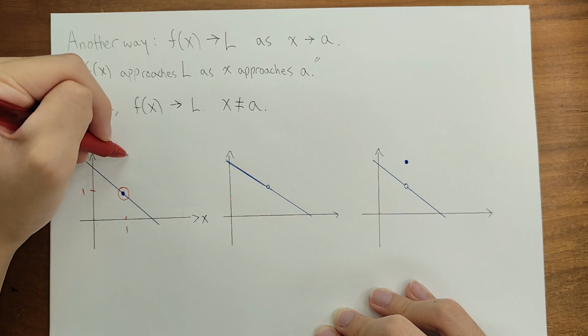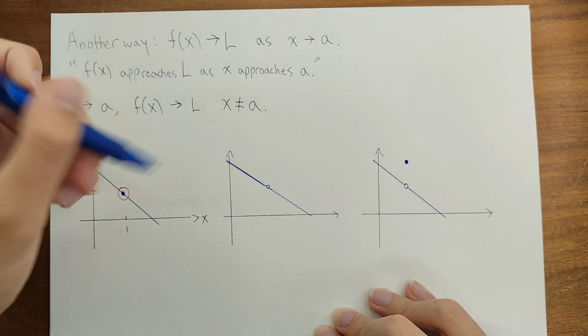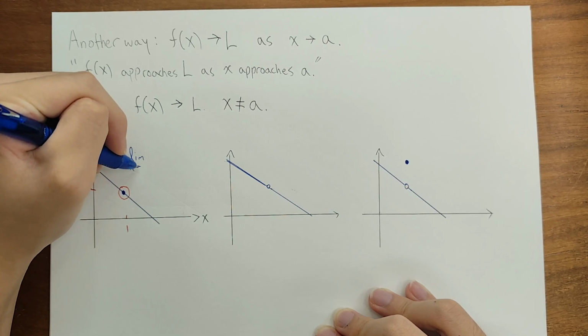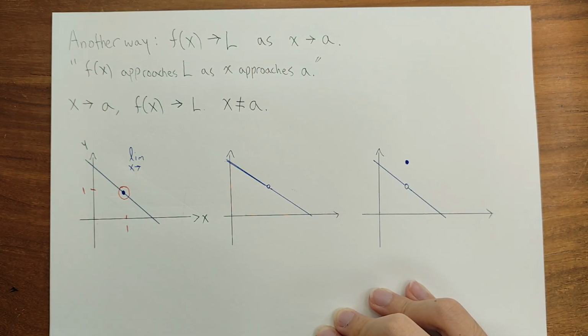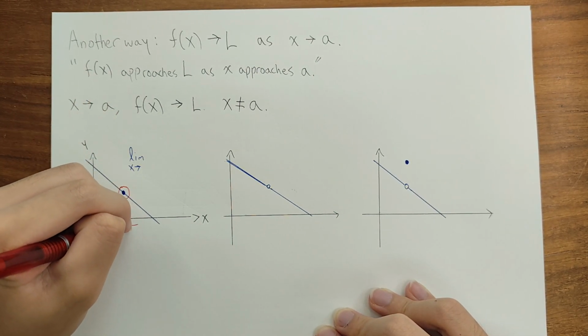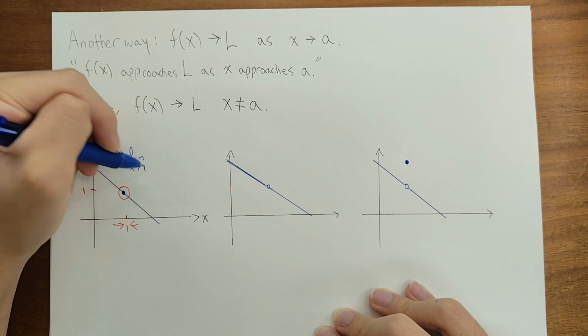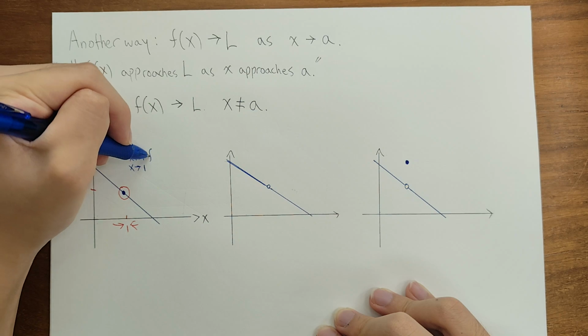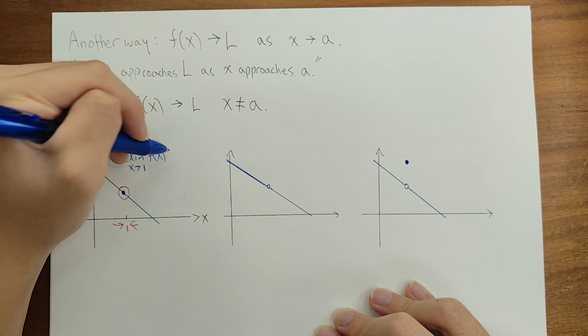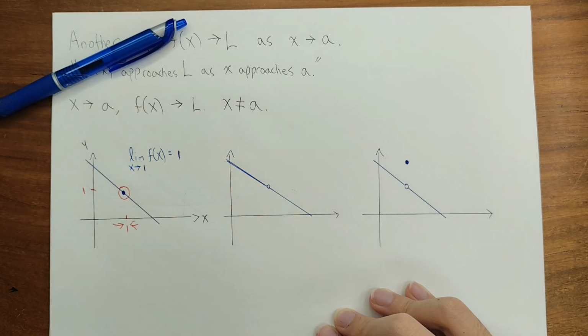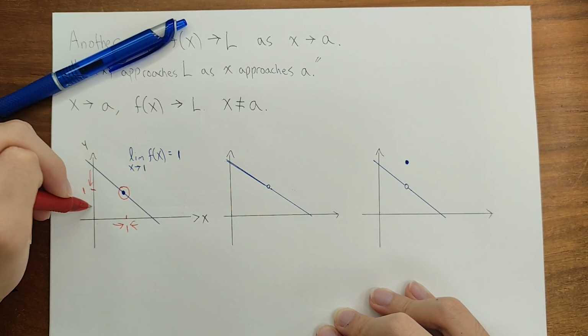So we can write the limit as x approaches, what are we approaching? We're approaching 1 here. So as x approaches 1, f(x), the equation for this line, is approaching 1. Okay.